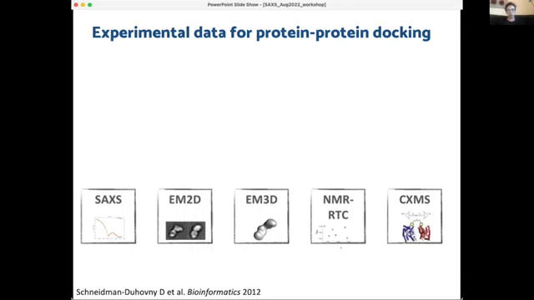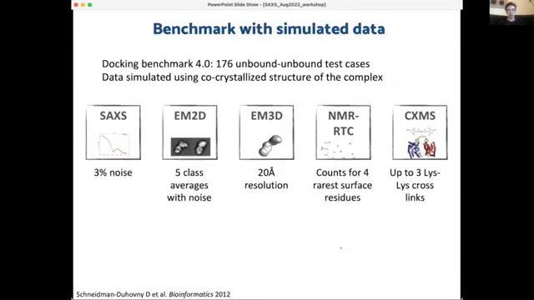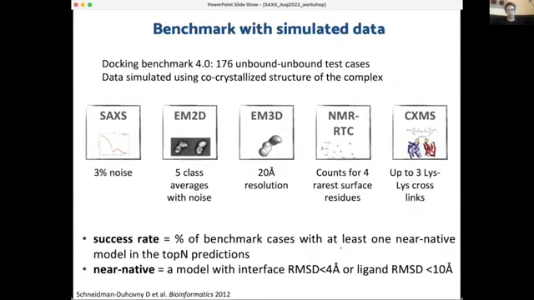And what was interesting is that we simulated large amounts of data for a huge benchmark of almost 200 test cases for docking. And we could see which data is most informative for those complexes.